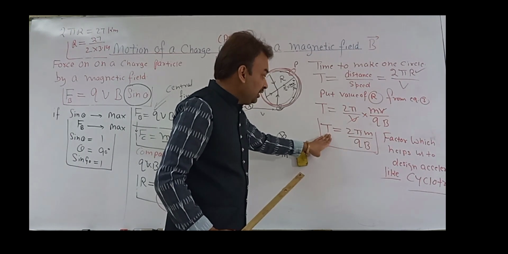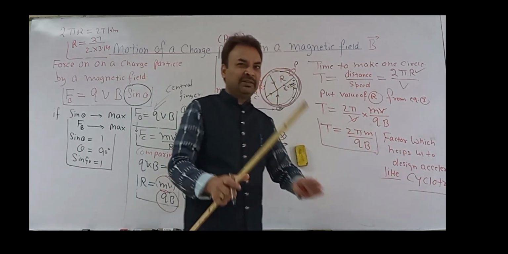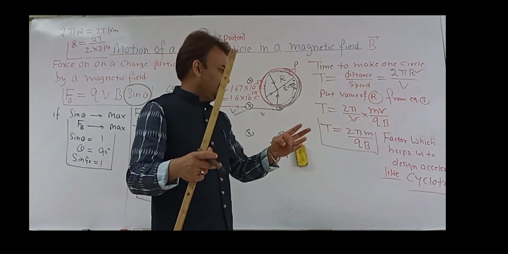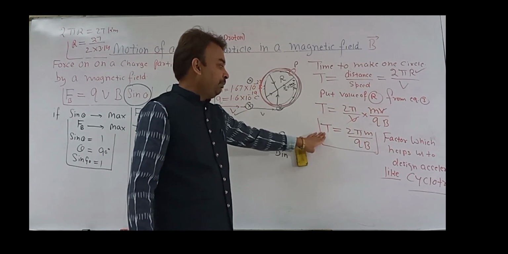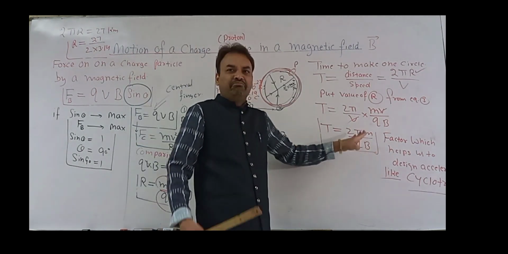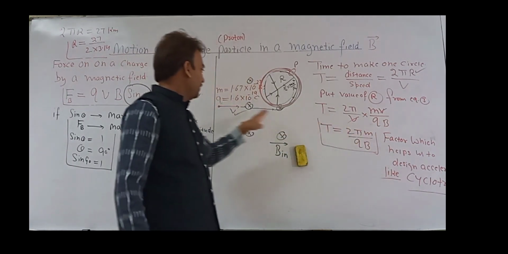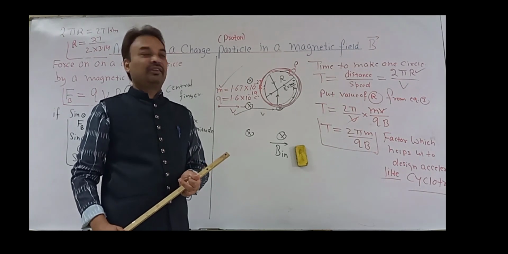So you see, in T is equal to 2 pi m upon qB, is there anything which strikes your mind? The time period depends upon 2 and pi, mathematical numbers, and m, which means the time period depends upon mass, right?